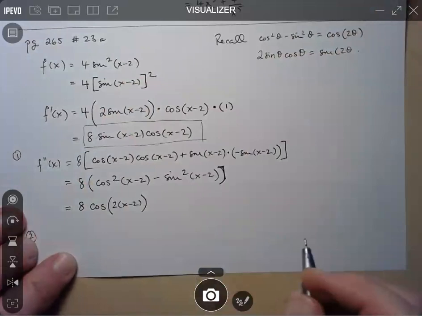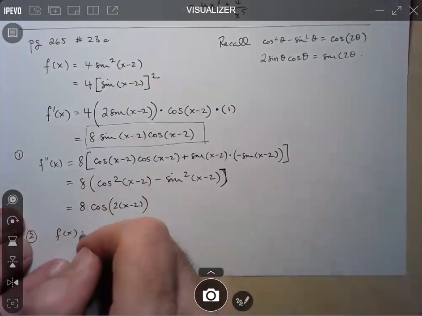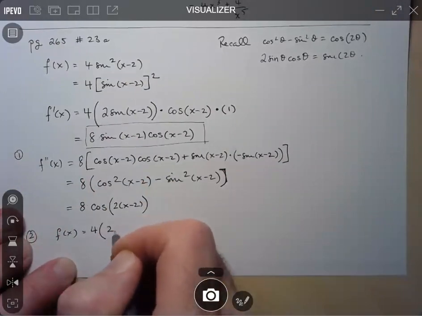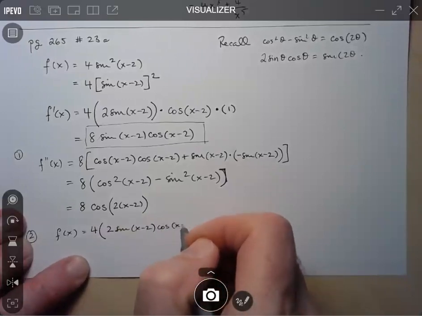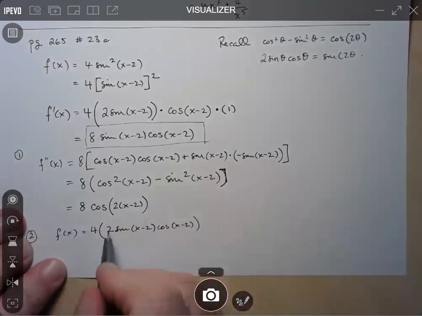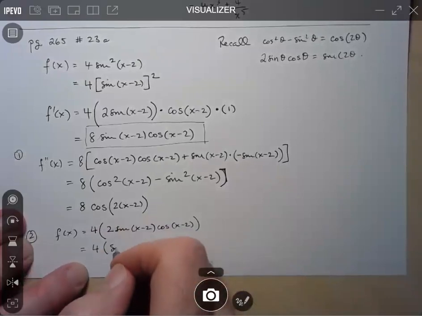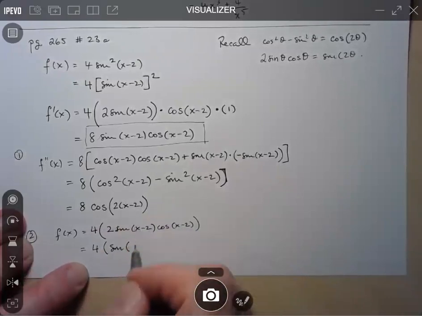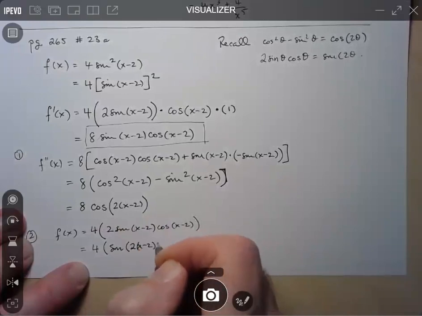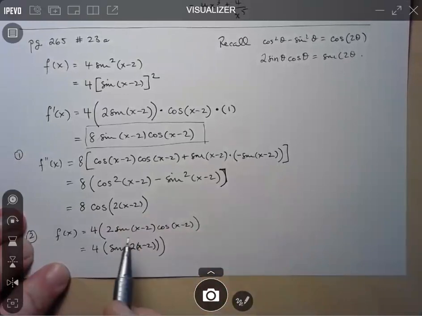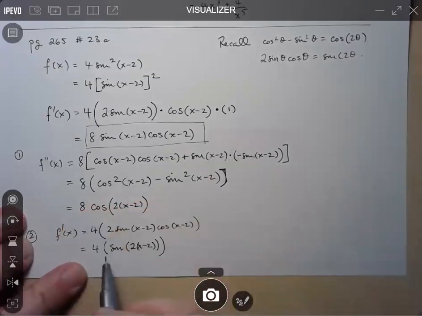Okay, so if I go down here and I rewrite this expression as 4 times 2 times sine x minus 2 cos x minus 2, I can rewrite this expression in here as sine of 2 times whatever that value is. And this answer up here might start making a little more sense, because that was f prime, of course.